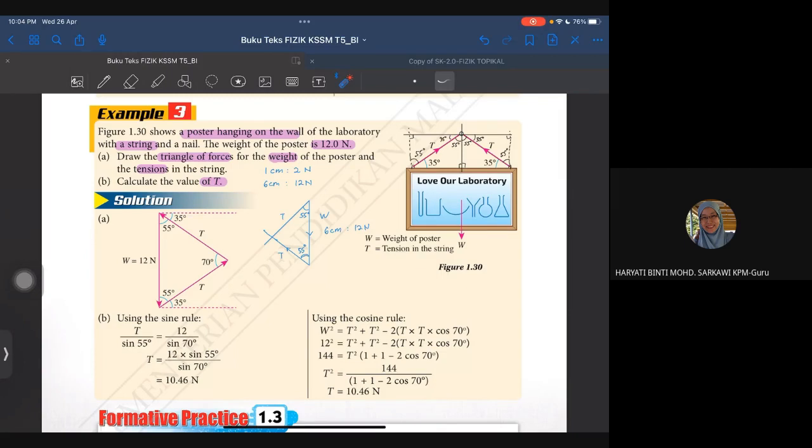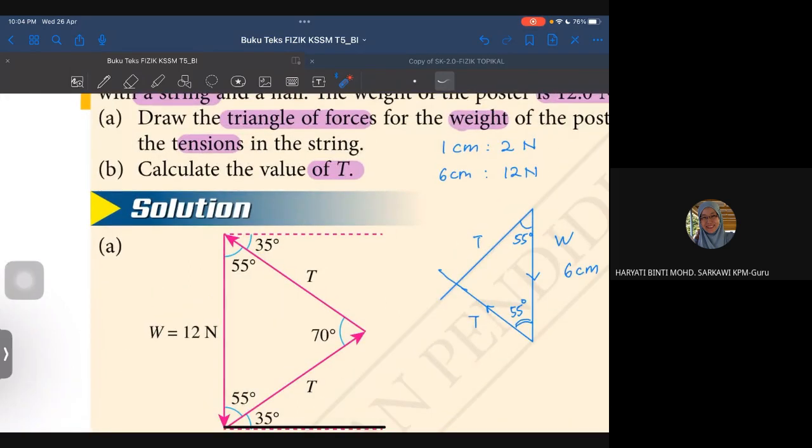Oh, here it is. Calculate the value of T. Draw the triangle of forces, then calculate. Actually here, you can write determine the value of T. If determine the value of T, you can measure the length and refer to your scale.